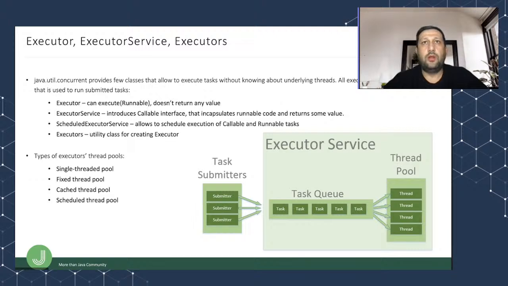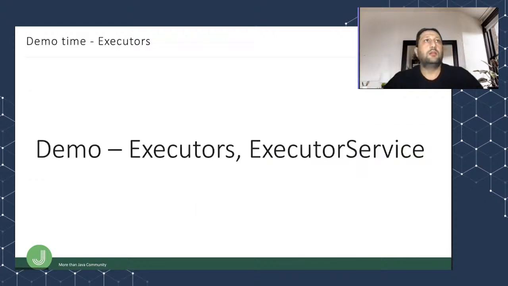For example, if we are doing only computational tasks, we can set the optimal number of threads in the thread pool to, for example, the number of cores in your processor or plus one. If you have non-computational tasks, for example, getting some network data, reading some files or something else, you need to calculate the thread pool size more carefully. Let's move on and check it in the demo.